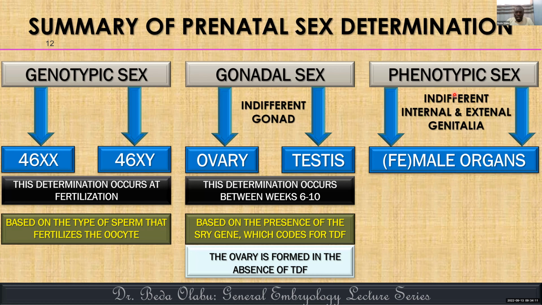On that note, I also wish to tell you that there's a time of development when the genitalia, either external or internal, is not committal to any particular anatomical entity with regard to gender differentiation. At that time, we call that the indifferent genitalia. So the indifferent genitalia can either become the male reproductive organs or the female reproductive organs.